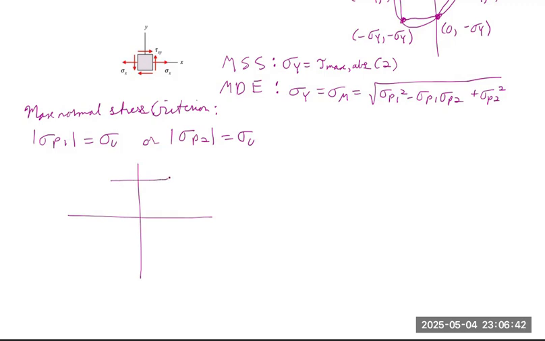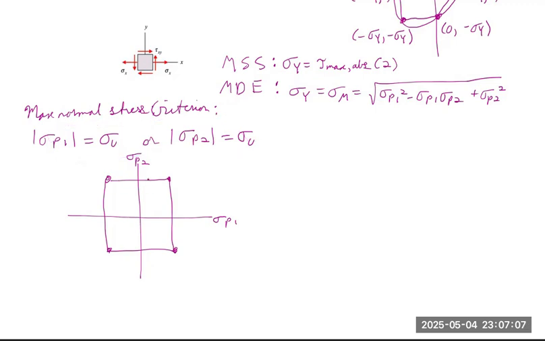We have principal stress 2 and principal stress 1, sigma P2, sigma P1. So we have four corners, and this is to graph this whole idea.